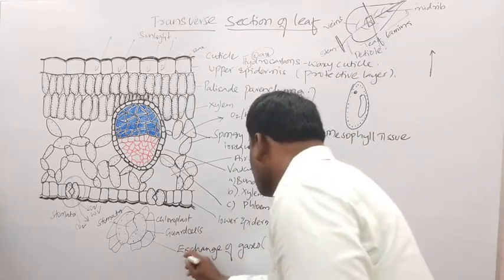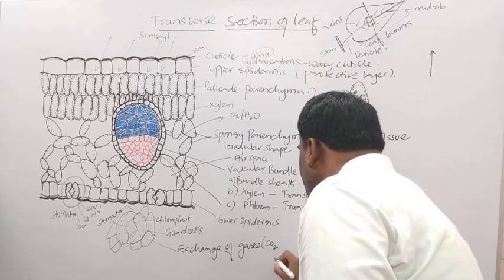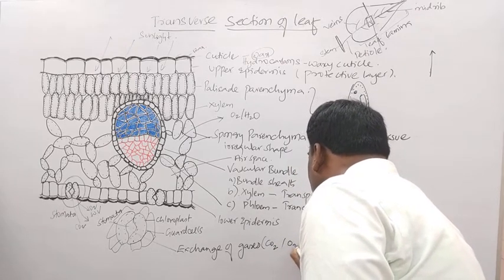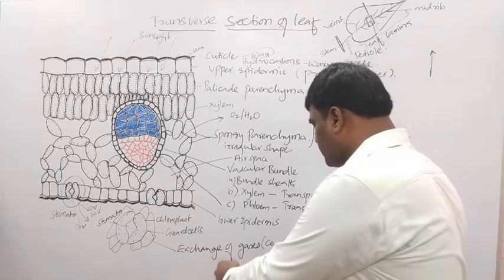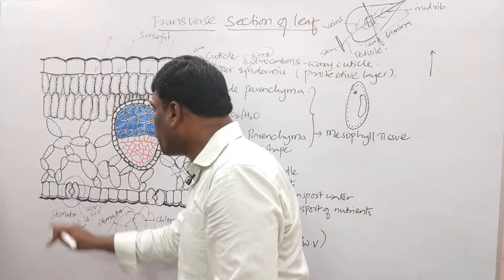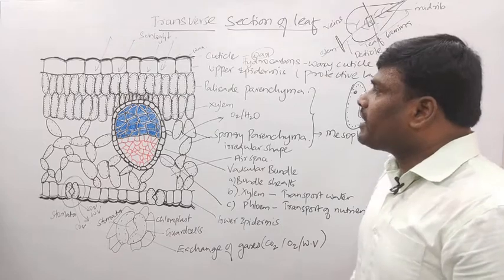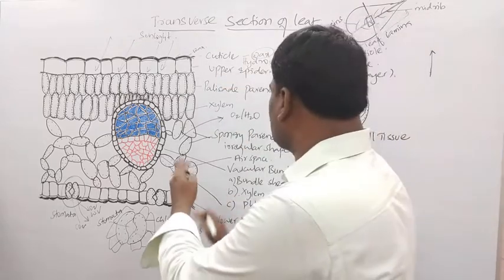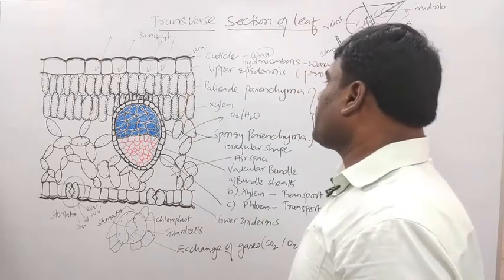Okay, exchange of gases: carbon dioxide, oxygen and water vapor are exchanged in this, children, with the help of the small opening called stomata.